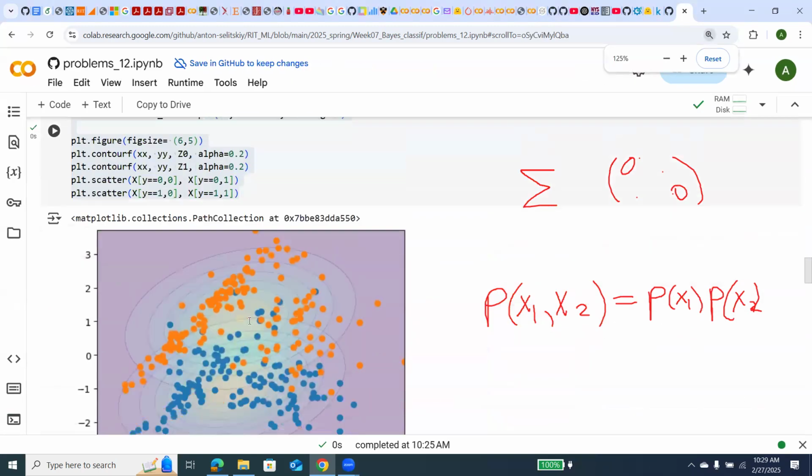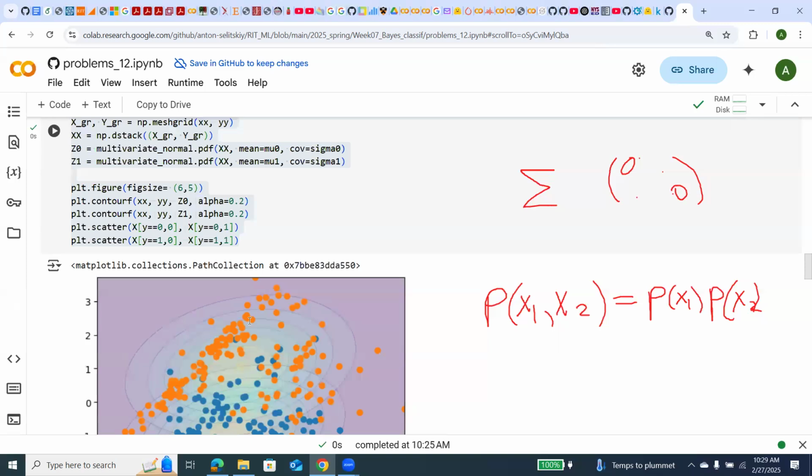So, as you remember, we made an assumption that our X given a class has a normal distribution.